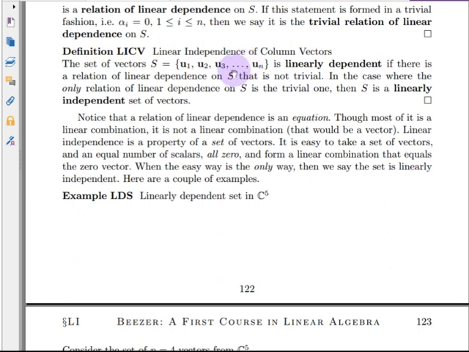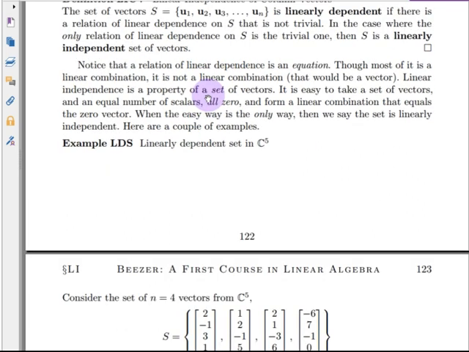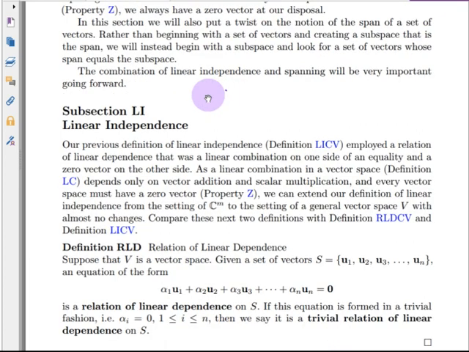We know what that means, that you have a linear combination of these vectors summing up to 0. Now if there is no linear dependence relation except for the trivial one where all the constants are 0, then this set is called linearly independent. So we're going to use this very same definition for arbitrary vectors in arbitrary vector spaces.